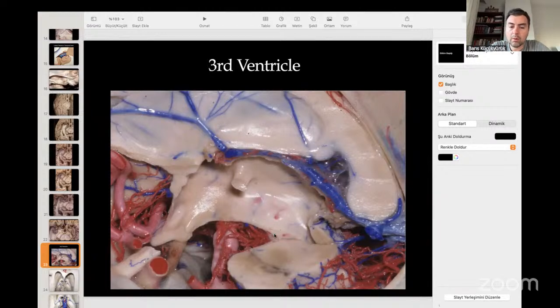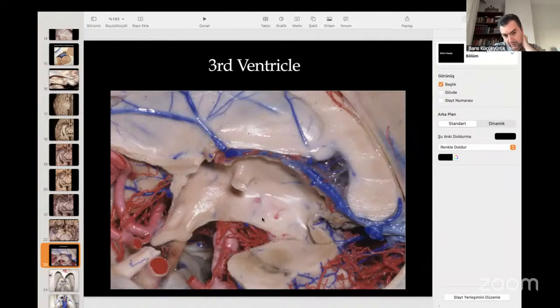The floor of the ventricle is formed after the infundibular recess. We don't see them here in detail, but there is first the tuber cinereum, and just above the basilar artery, there will be the mammillary bodies.